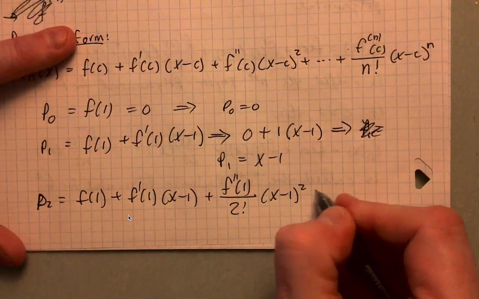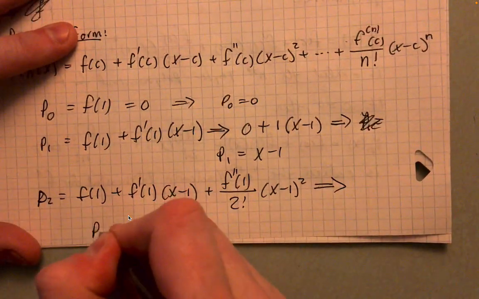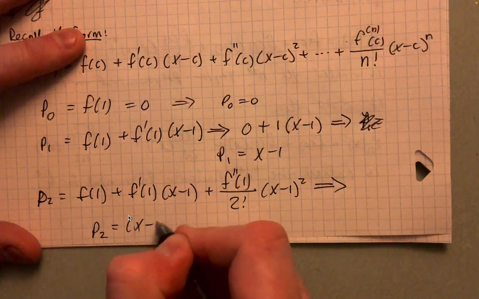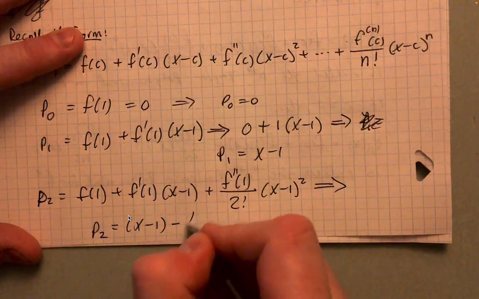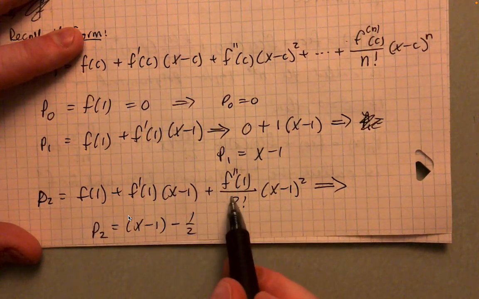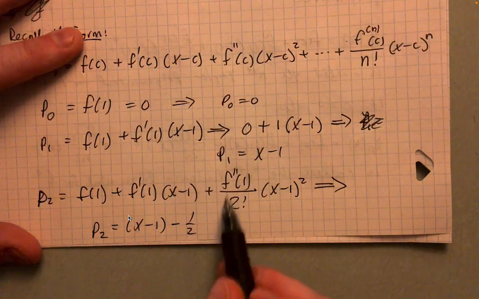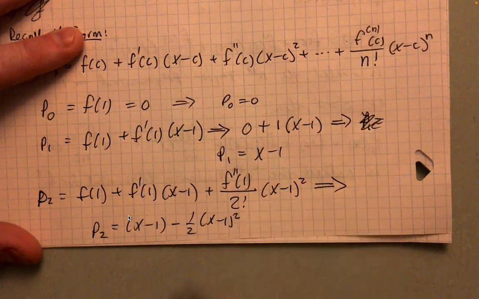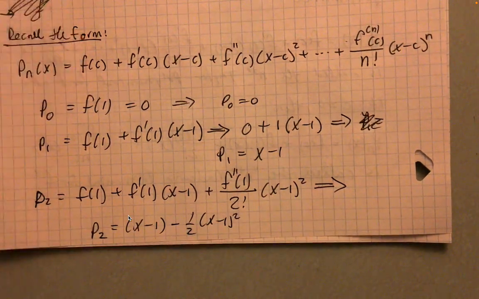Okay, now if you go through that exercise, you'd see that p2 is equal to, of course, x minus 1 up front, and then minus 1/2, right? The f double prime is negative 1, so this would be negative 1/2 times x minus 1 squared. Okay, so that's p2.